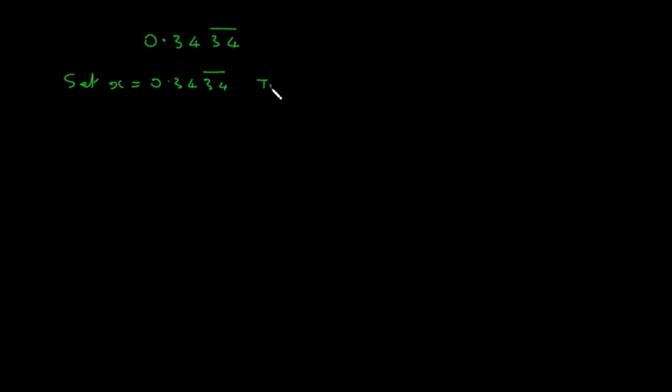Now look, 10 times x equals 10 times 0.3434, going on forever, it is still true. I'm going to call that equation 1. I'm going to call that equation 2. Oh no, it should be by 100. Sorry, wrong. Let's correct that.